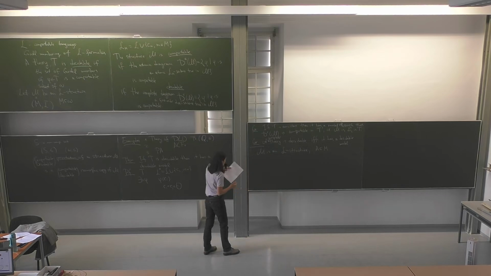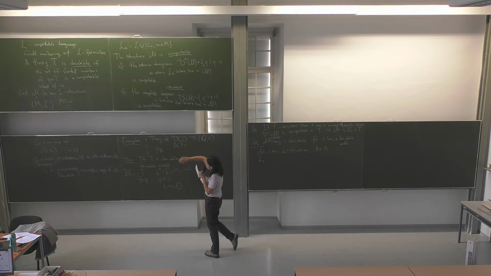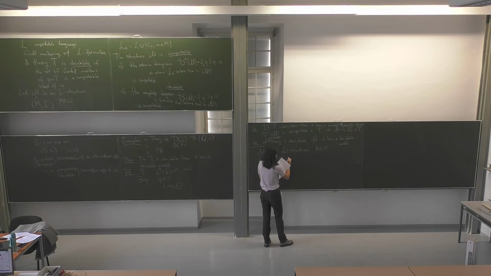Then we can define again the language L_A, similar to what we had before. So this is just the language L with constants for all the elements from A.